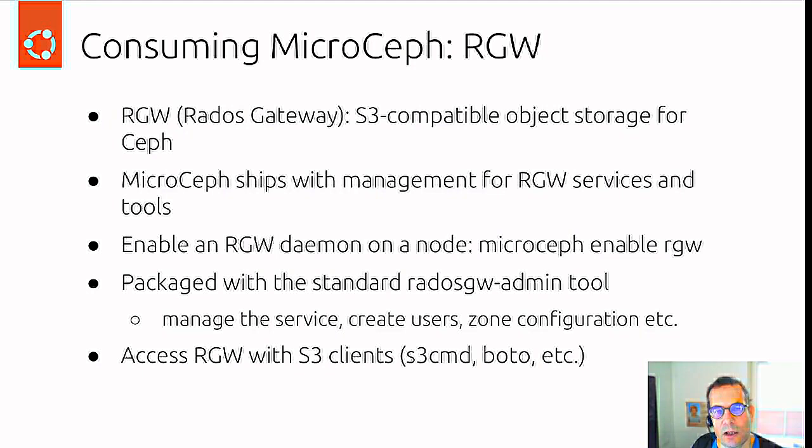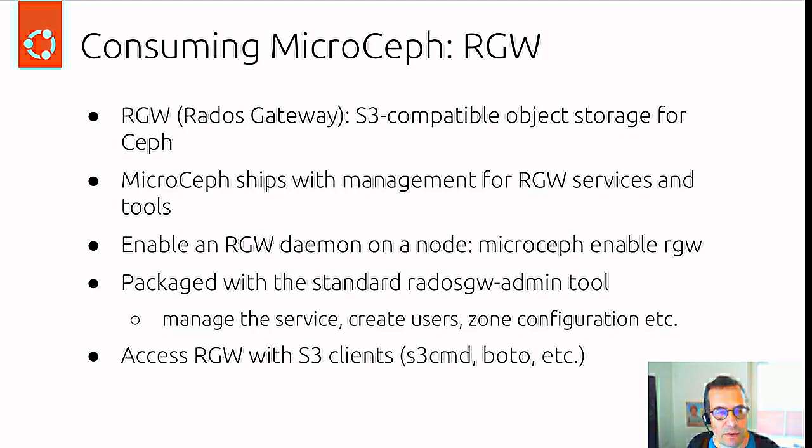Enabling the RGW daemon on a single node is as easy as microceph enable rgw, and that gets you set up with a Rados gateway on this node. We also package the standard Rados gateway admin tool for zone configuration, user creation, managing services, etc.